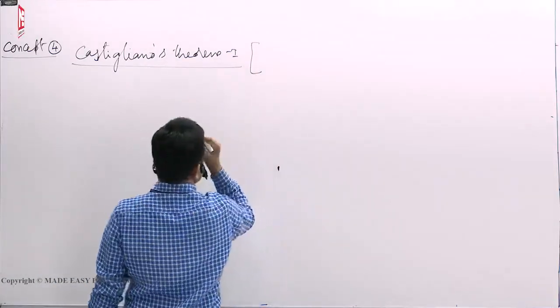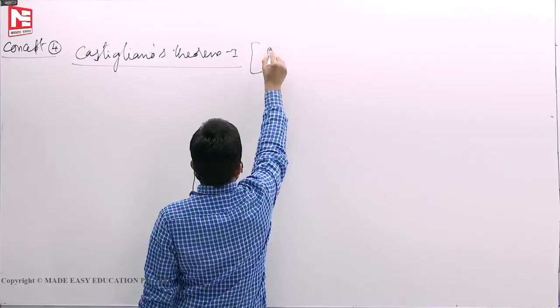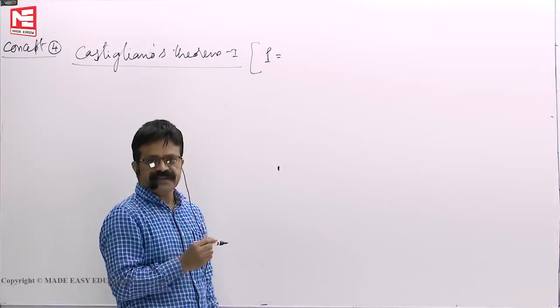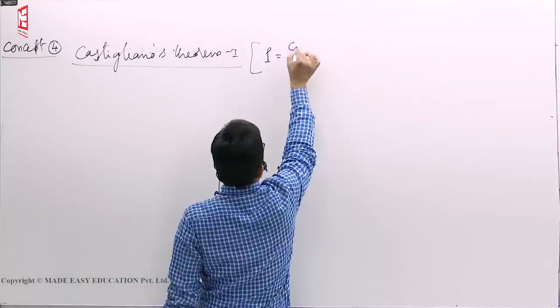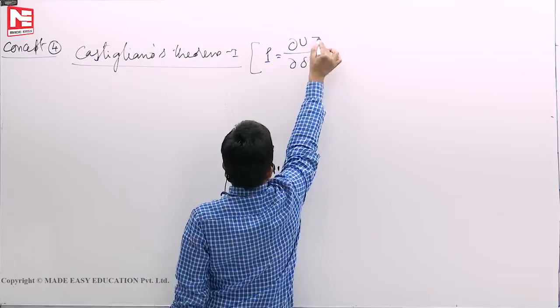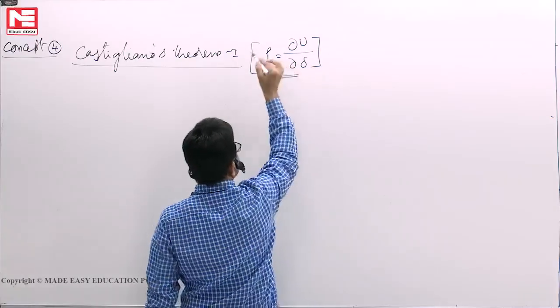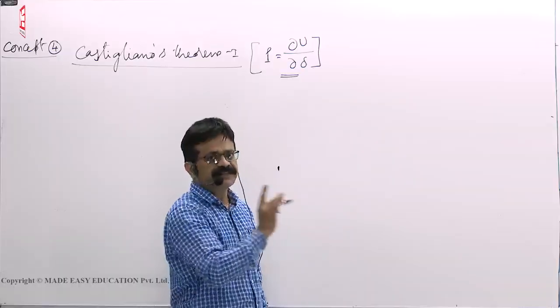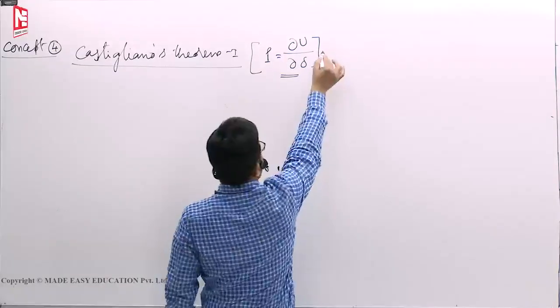What I have told you here was, if you want to find force or resistance at any point in a structure, first derivative of strain energy with respect to displacement at any point in the structure gives you load at that point or resistance at that point in the direction of the displacement. This is what we have written already.